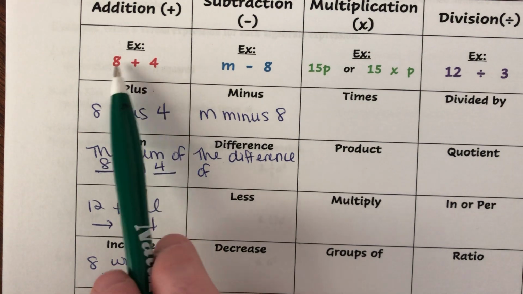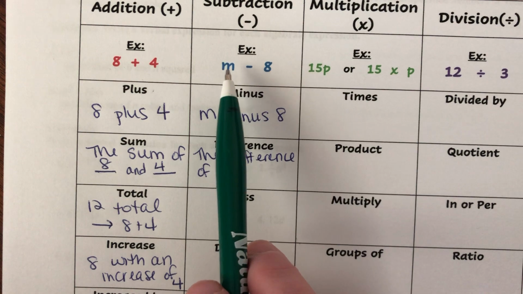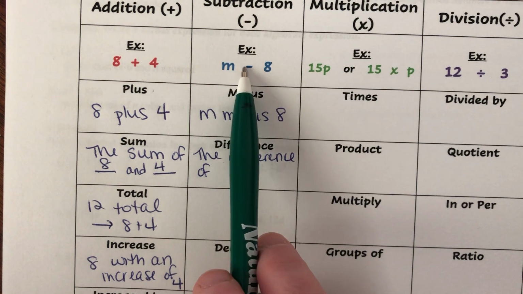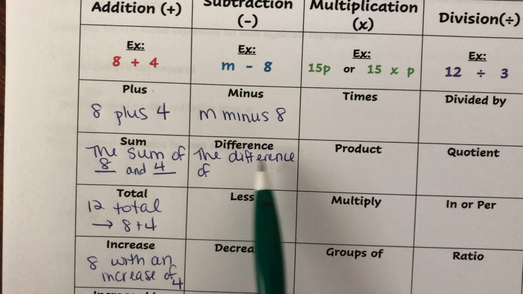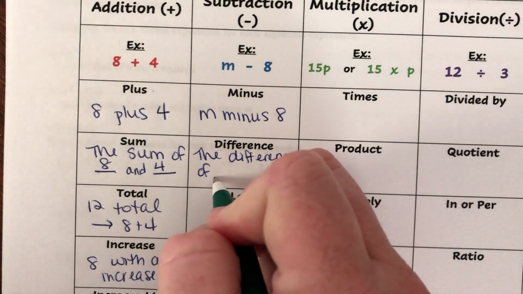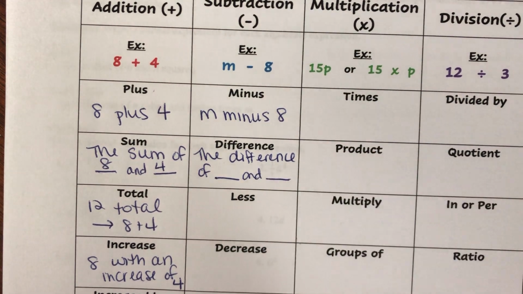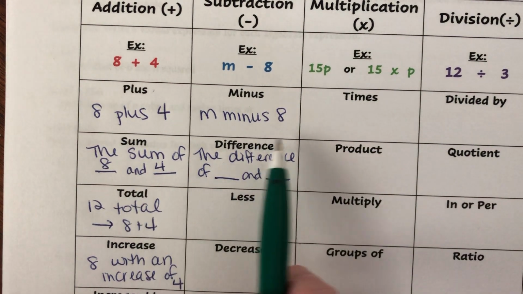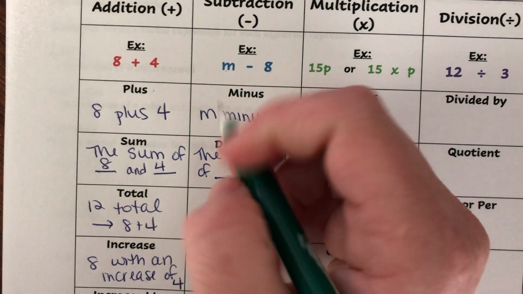If I'm adding, it doesn't really matter if I add 8 plus 4 or 4 plus 8, I get the same answer. But it does matter if I say m minus 8 or 8 minus m. Same thing with the words. The difference of, and then you have to list what you're subtracting in the order that it's written. So the difference of m and 8. M goes first, 8 goes last.